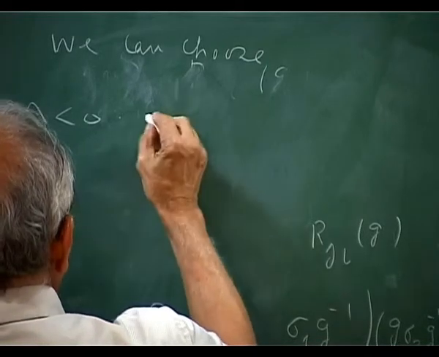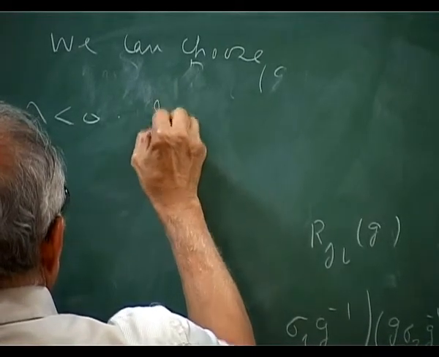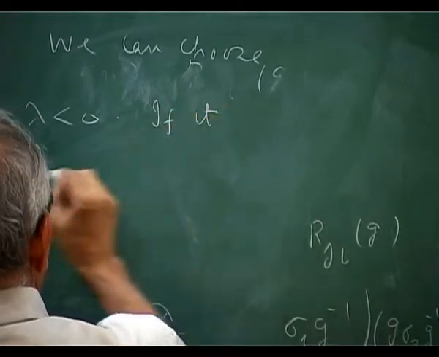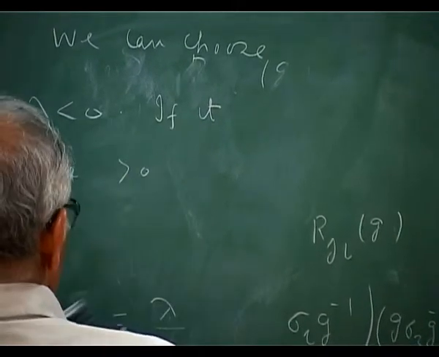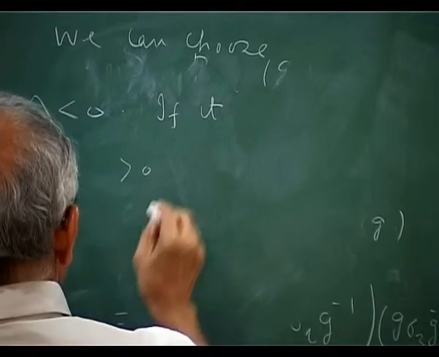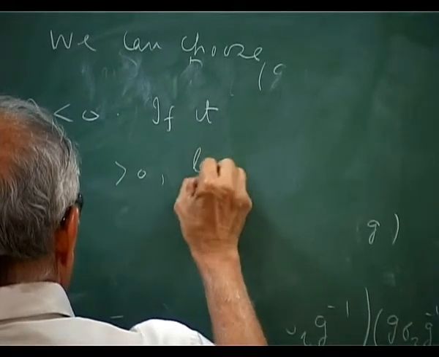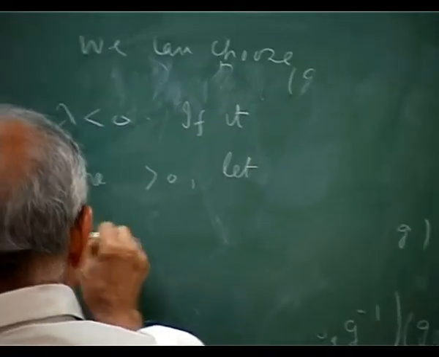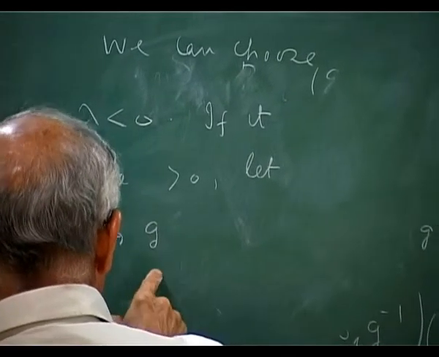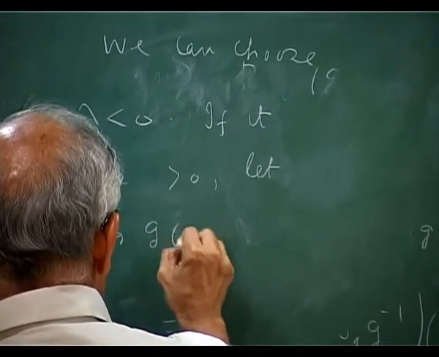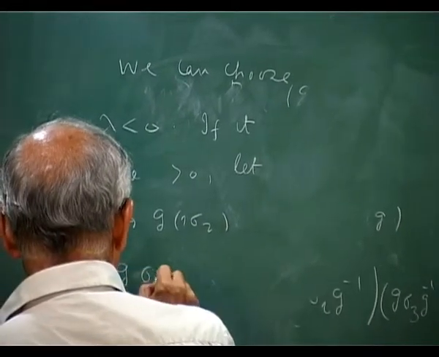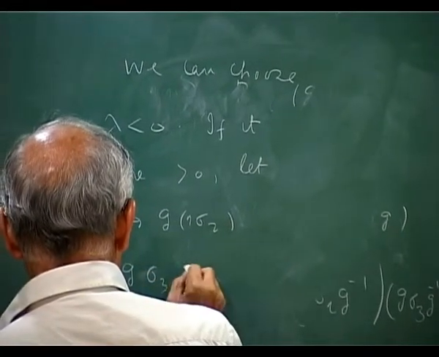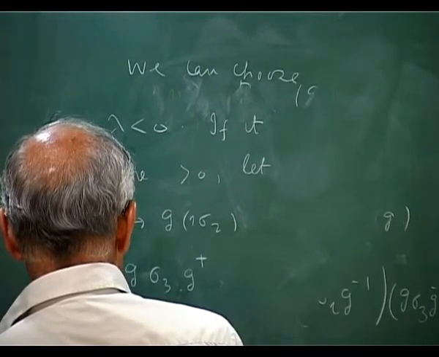If it were positive, let G go into G times I sigma 2. So you get G sigma 3 G dagger, this anti-commutes, no?